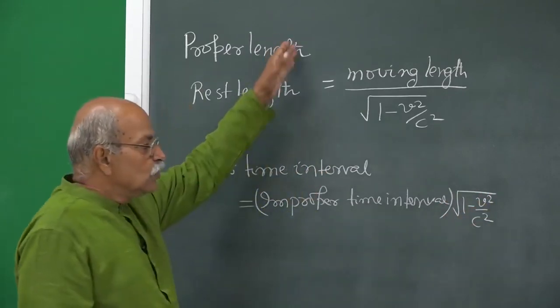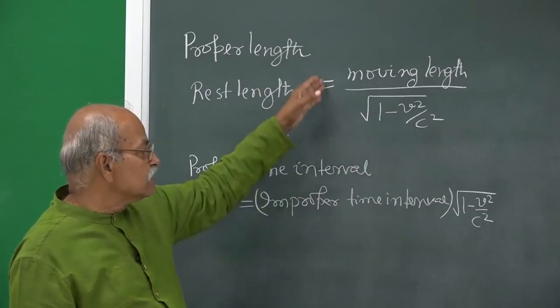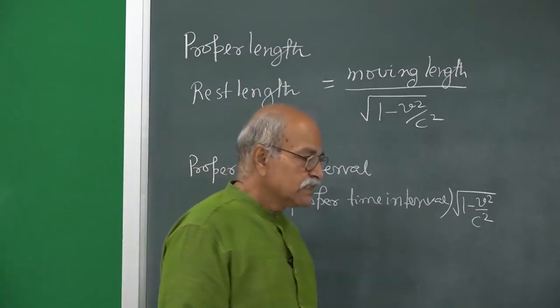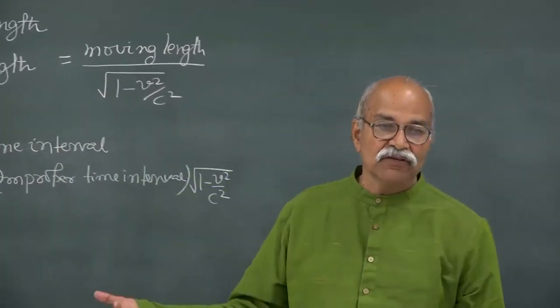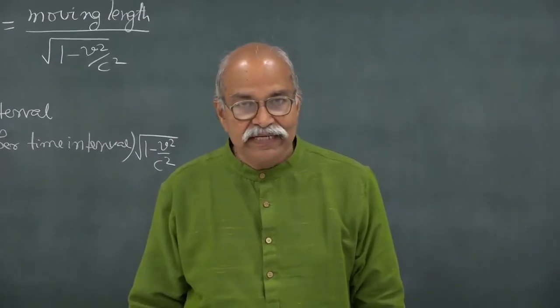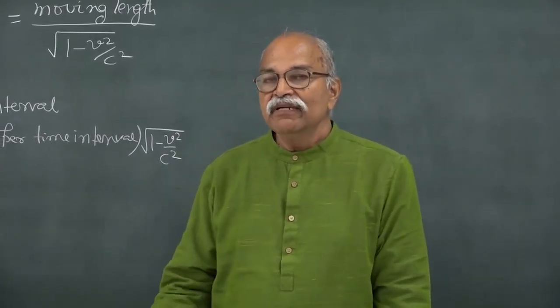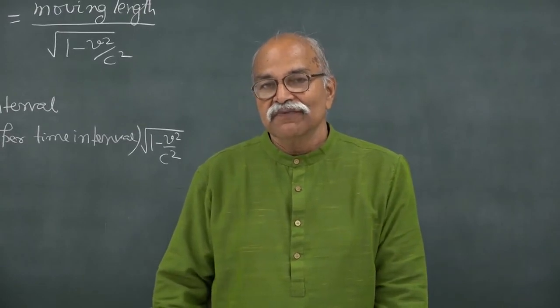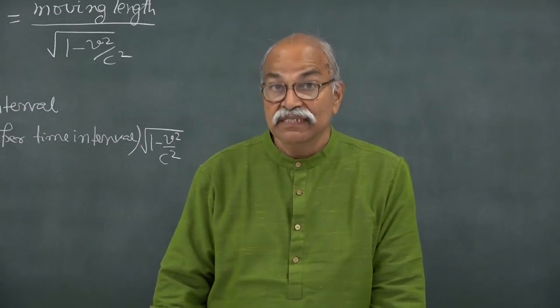So, these are two very famous and important results which come from the Lorentz transformation, and which are verified, they do occur in nature in this particular fashion. In experimental labs, it is not very difficult nowadays to have particles with a speed close to c.